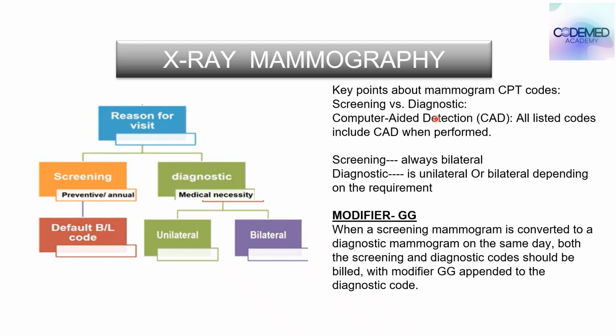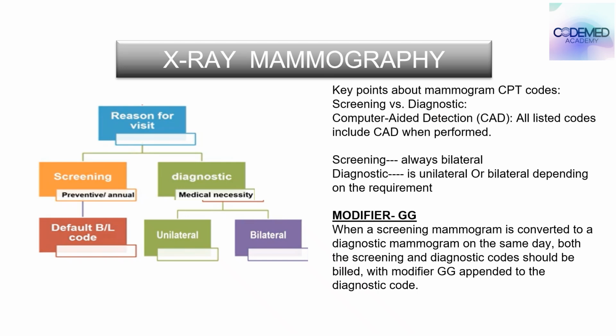So while doing that screening mammogram, the doctor found out that there is some abnormality. So he again takes the diagnostic mammogram, and in that case you will bill both and you are going to put the GG modifier on the diagnostic code.